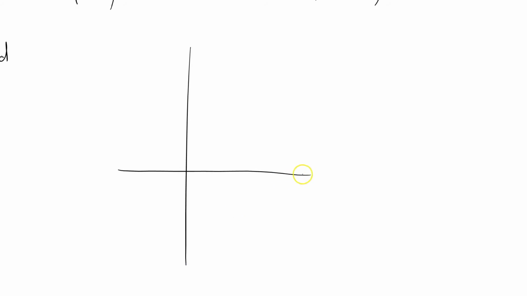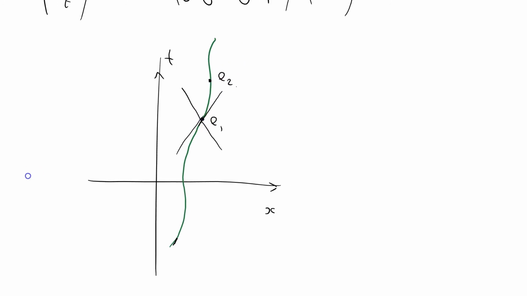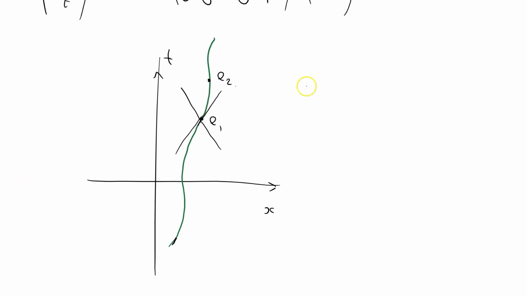What we actually mean is this: we're setting up a coordinate system where we've got x and t, and we've got a world line. I've got a world line of some object here which is cruising along like that, and it's got its little light cone here. And we've got E1, and then there might be an event E2 there. Now, all observers agree on the displacement between E1 and E2.